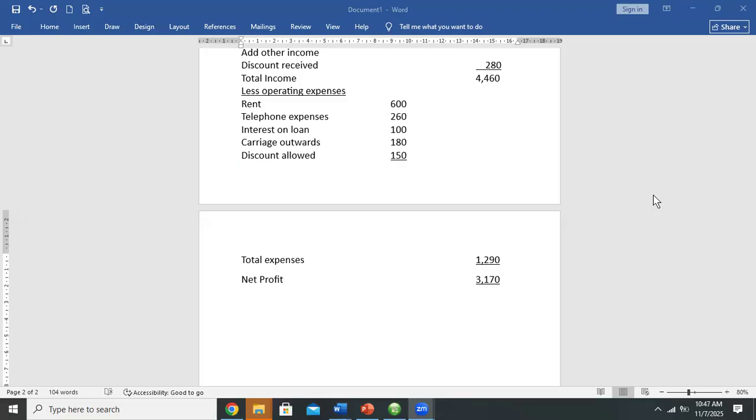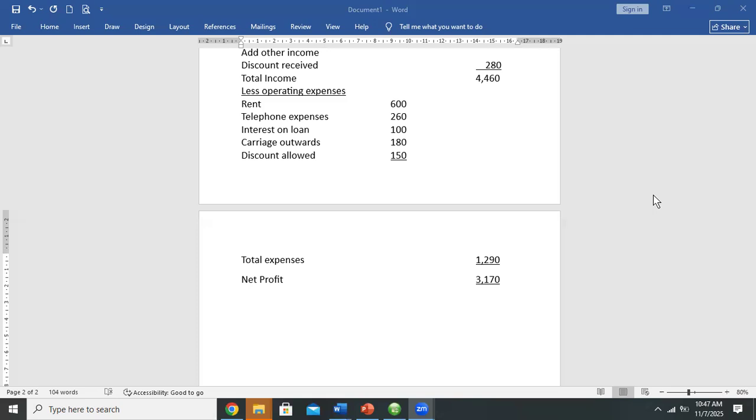Now, the trading and profit and loss account can be referred to as the income statement. So if the examiner says prepare income statement, it's the same as preparing the trading account and profit and loss account. Please listen carefully: the income statement of a sole trader who is rendering services will be the same as the profit and loss account, because they don't have the trading account.